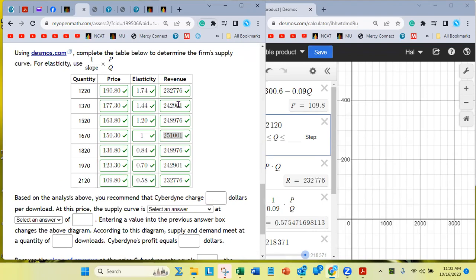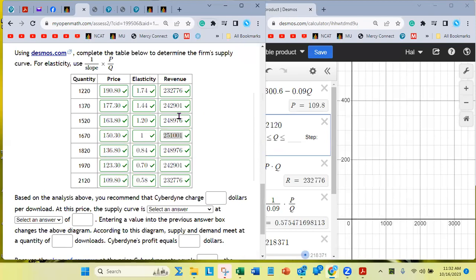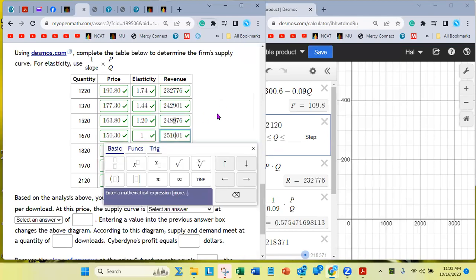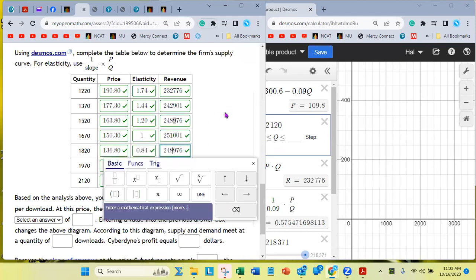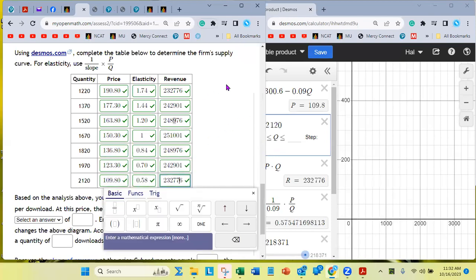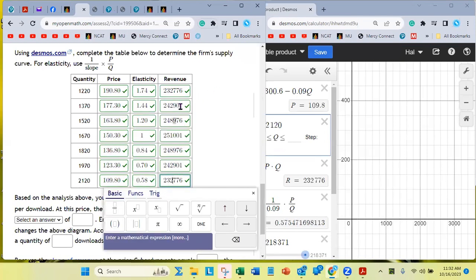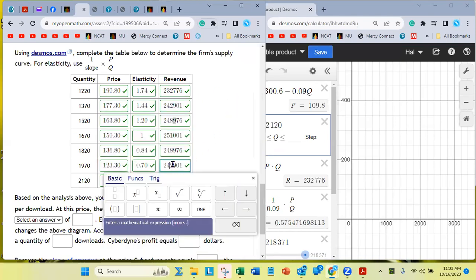right? Notice your revenue, right? Revenue rises and then peaks out and then declines, right? It's actually symmetric, right? These two values are the same. These two values are the same.